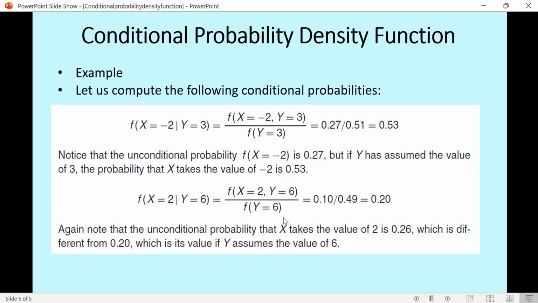Now we get more information, y equals 6, so the conditional probability of x equals 2 given y equals 6 is about 0.20. This is not the same as the unconditional probability. Thanks for watching.